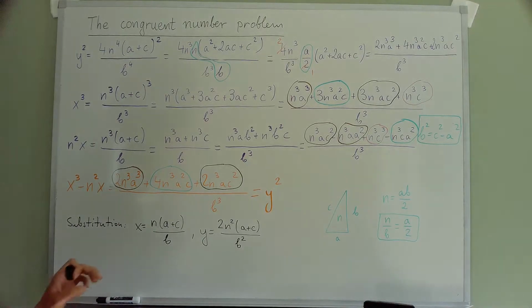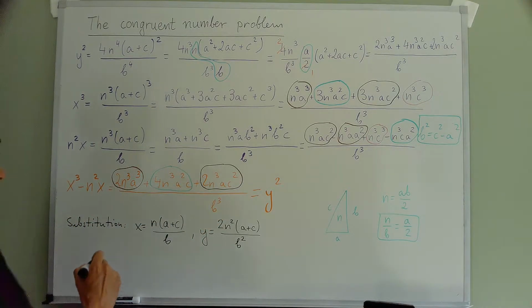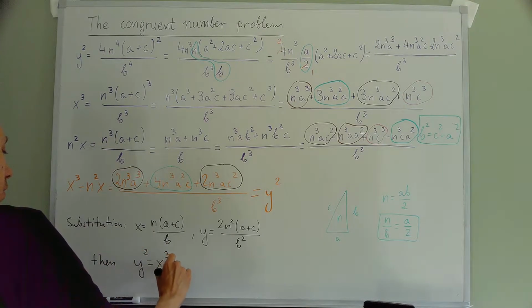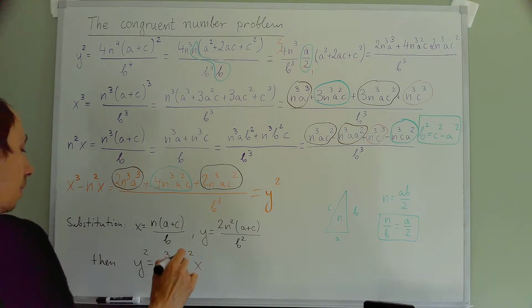If we make this substitution, then we get that equation. Then y squared is equal to x cubed minus n squared x.